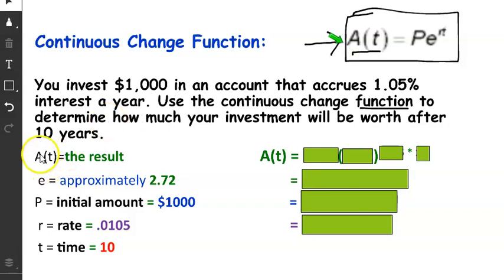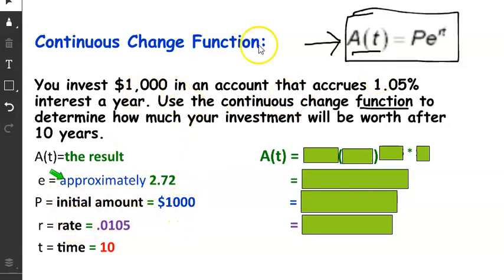Again, the A of T is the result. Look over here, this is the formula, the equation that we're using, and what we end up with is the answer, the result. E is approximately 2.72. The initial amount that you put in is 1,000.